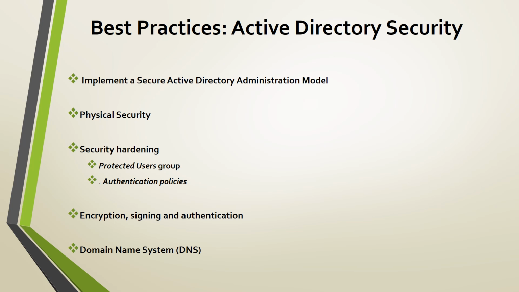If you are in a situation where you feel you don't have enough physical security, you can use a read-only domain controller, which does not store the user credentials on it. Also, for security hardening, you can use the Protected Users group, which adds boundaries that are designed to lessen the likelihood of compromise, for example by blocking the use of legacy authentication protocols.